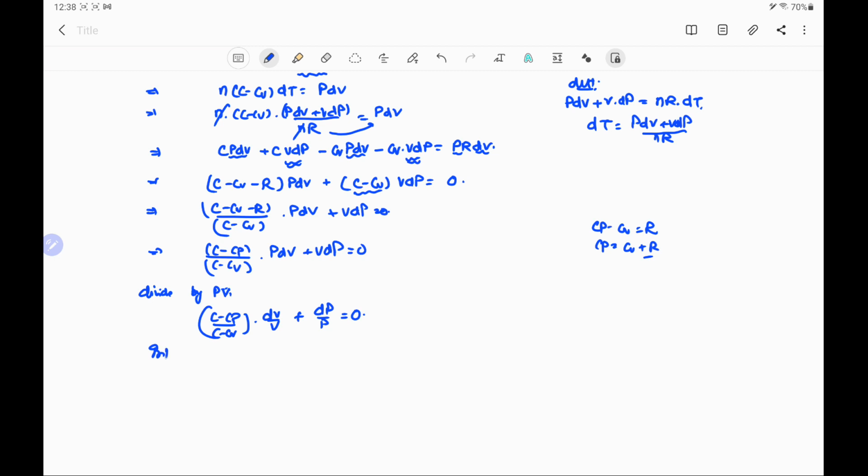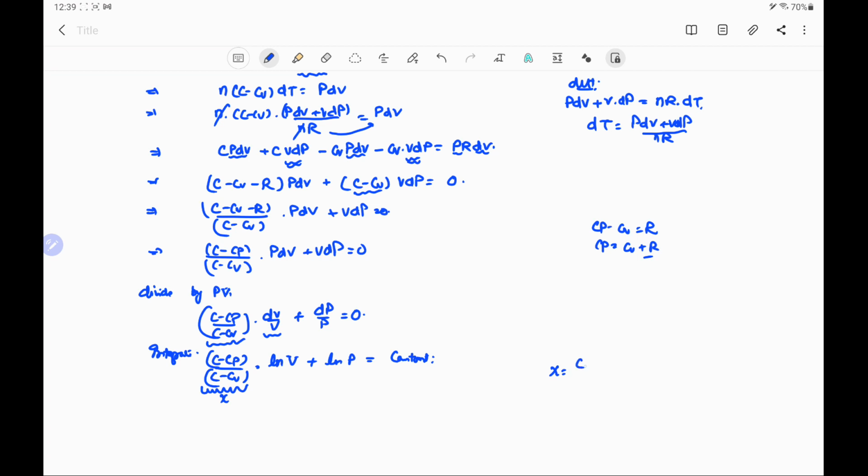Now integrate it. On integrating, this term is constant, so it is taken out of the integral. The integral of 1/V with respect to V is log V, plus similarly the integral of 1/P with respect to P is log P, and the term here is a constant, the constant of integration. Here we replace this term as x.